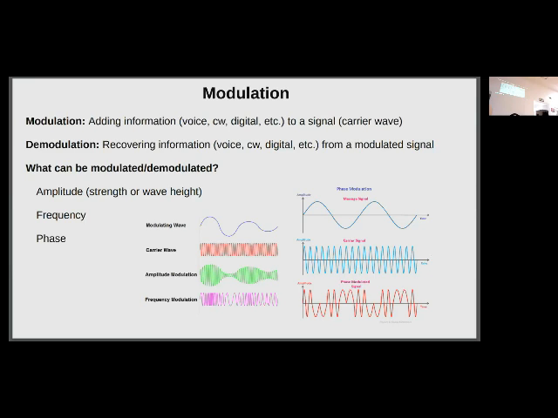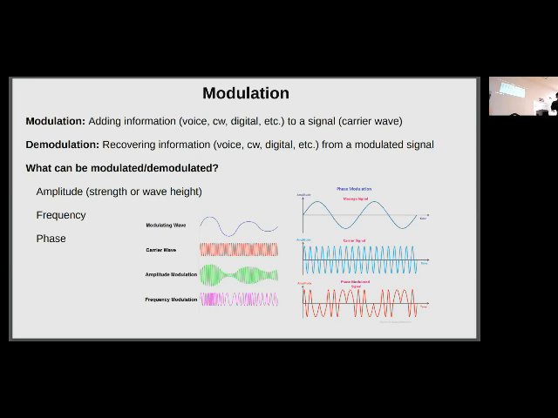Now, it's not AM. What you're doing is you're actually changing the frequency. So you can see these ones are closer together, these ones are further apart. Does that make sense? Okay. So this would be FM. Good. Frequency modulation.